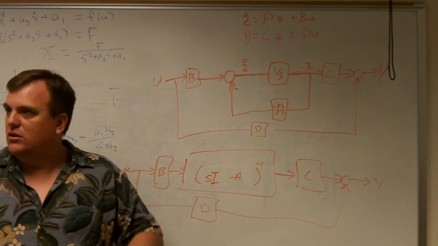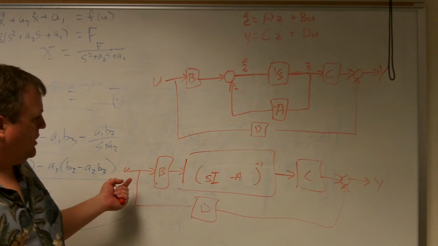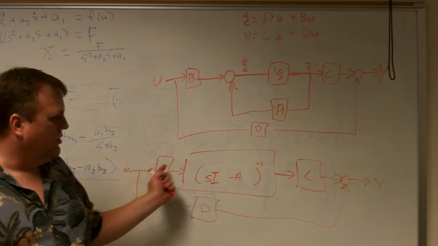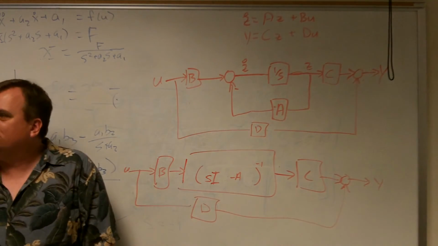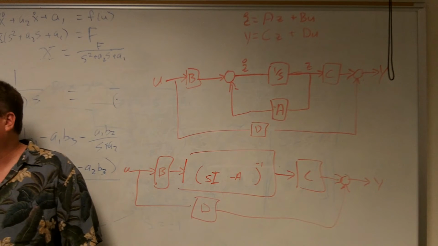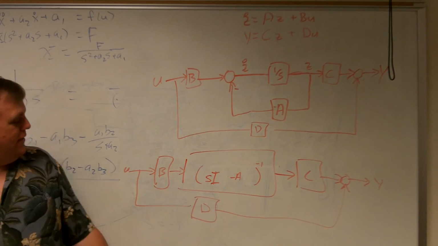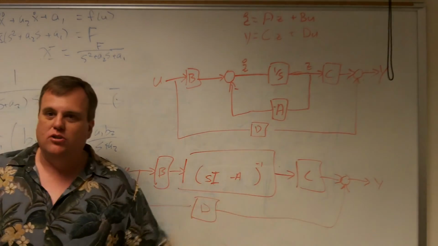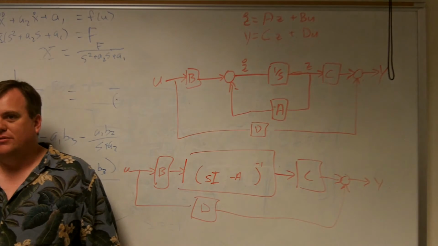Good? All right. So now all I have to do is take these, the B and the C, and multiply them. This is where it's matrices. Order matters. This is why I made the comment early on, everybody draws it left to right, but left to right is the wrong way to write it.